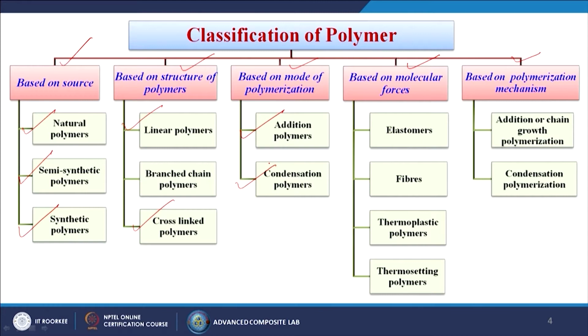Then for molecular forces, it is divided into elastomers, fibers, thermoplastic polymers and thermosetting polymers. And polymerization mechanism is divided into 2 parts, that is addition or chain growth polymerization and condensation polymerization.